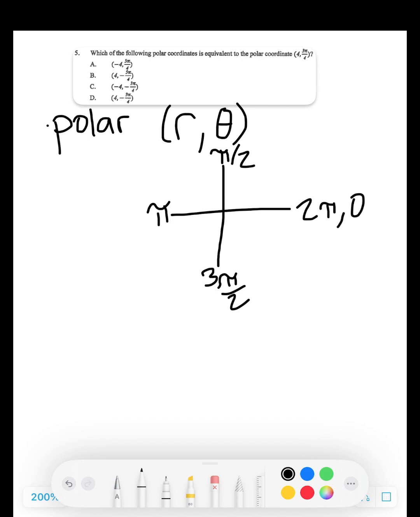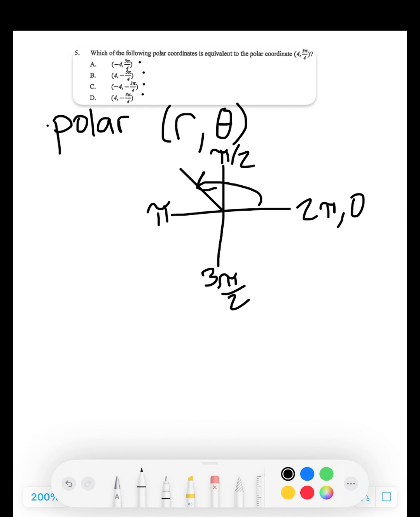So if our original angle is 3 pi over 4, that's going to be between pi over 2 and pi, and we're moving in the positive direction 4. So we want one of these 4 multiple choice options to match up with that.